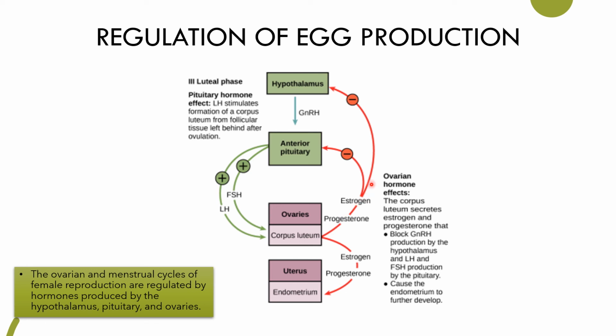Also, the same hormones do have negative effects as well on the anterior pituitary and the hypothalamus. So with the ovarian hormone effects, the effects would be blockage of the GnRH production by the hypothalamus and LH and FSH production by the pituitary, and this causes the endometrium to further develop.